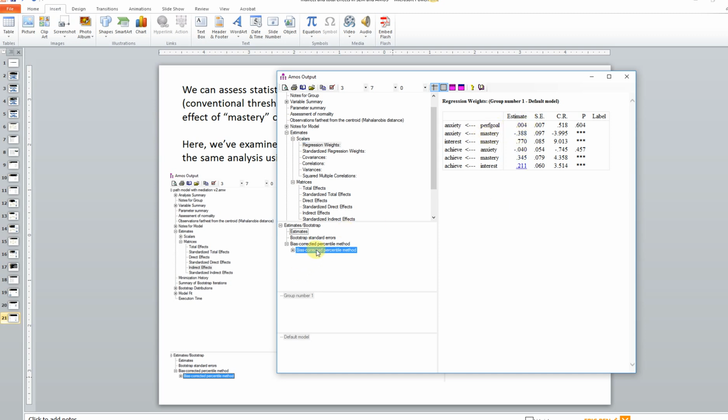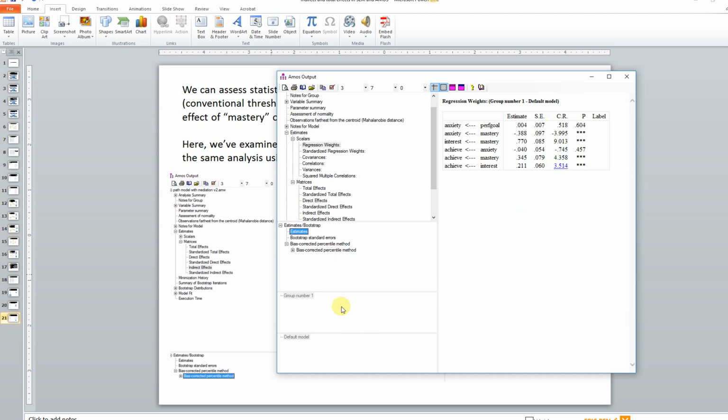You have confidence intervals formed for the bootstrapped direct effects in the model, and the p-values associated with that. You might use this option if there's some question about, say, violations of multivariate normality, and you don't necessarily trust the normal theory estimates and tests that you have right here and you want to adjust for that. Bootstrapping can be helpful in those cases.